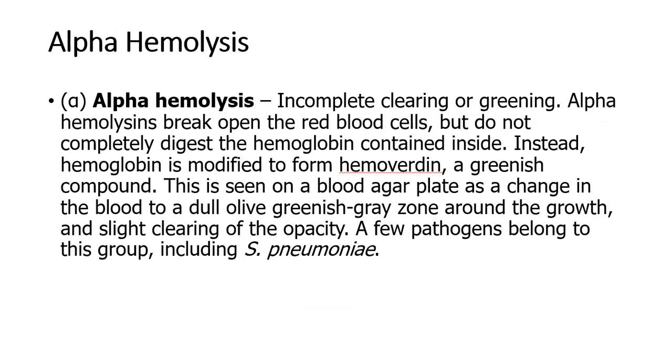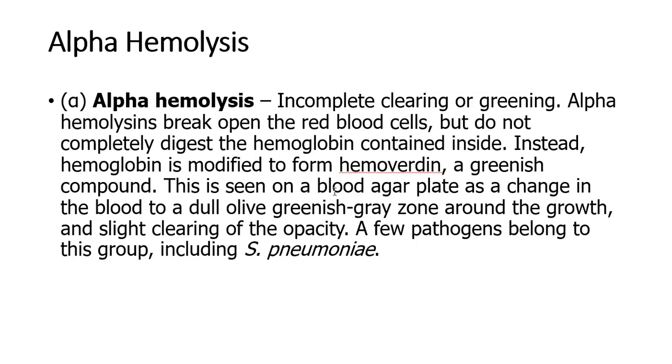Okay. Alpha hemolysis means that we have lysed the red blood cell, but we don't have the ability to break that hemoglobin up. We can't completely digest the hemoglobin like the beta hemolytics did. So instead, the hemoglobin is modified to biliverdin, which is a greenish compound.